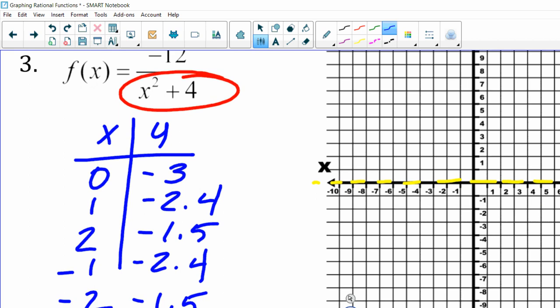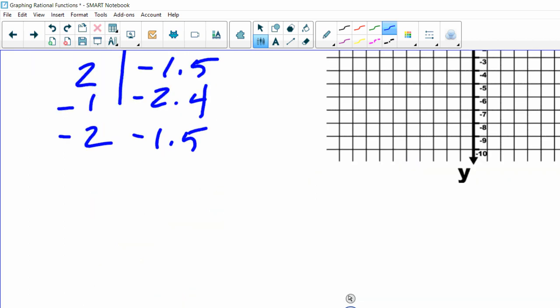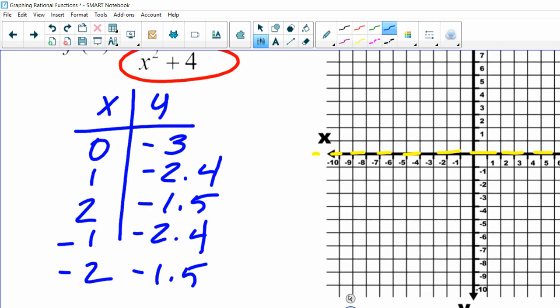Okay, so let's plot them. Have you plotted them? 0, -3, 1, -2.4, 2, -1.5, -1. That's kind of interesting. It's a parabola.